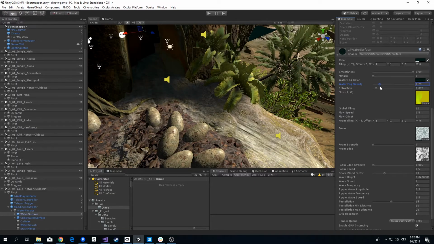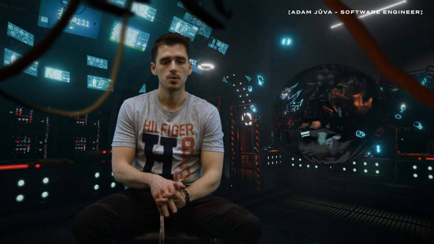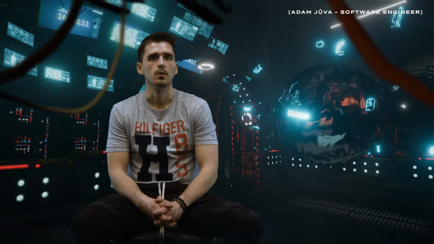By using depth differences between the water surface and the object underwater, I can compute some blend factor which is then used for creating a nice blend between the underwater texture and the watercolor. By watercolor I mean the base watercolor, also reflections, foam and things like that.